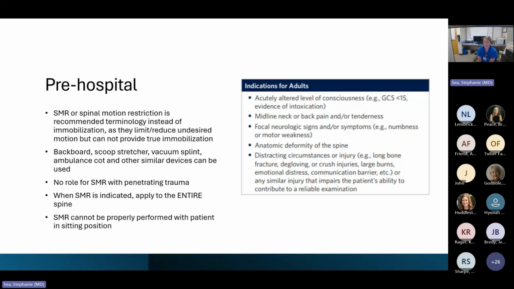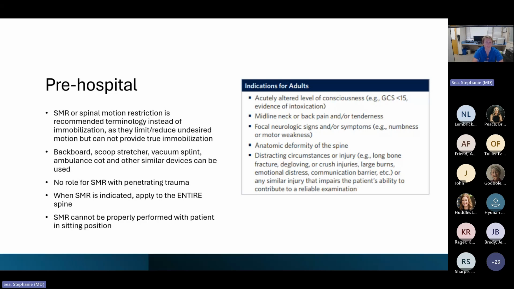When we talk about this, a lot of us talk about immobilization or cervical collar immobilization, but it's not truly immobilization. We're just doing spinal restriction. So the true definition that a lot of papers and literature will use is SMR, or spinal motion restriction. We're trying to keep the spine in a neutral position to limit and reduce undesired motion.